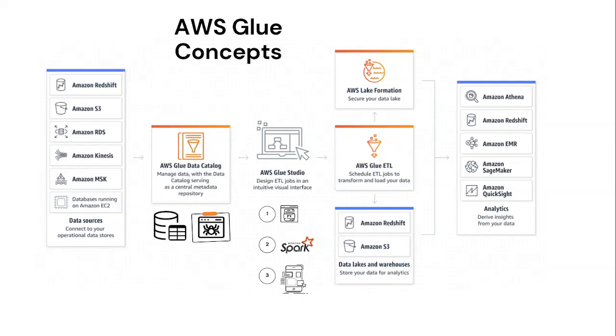And we can choose from built-in transformations or write custom scripts. So due to all these options, we get the flexibility to choose from the built-in transformations in the visual interface, but if you want to write a customized script in Python, Scala, or Spark, you can do that too. And because it's serverless, we are not worried about the infrastructure.